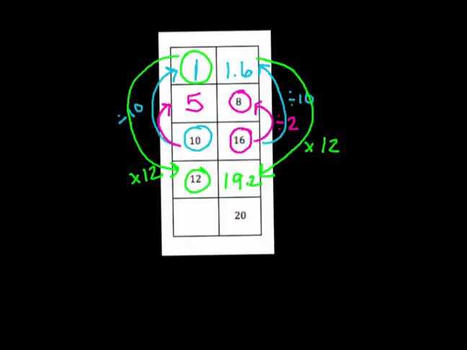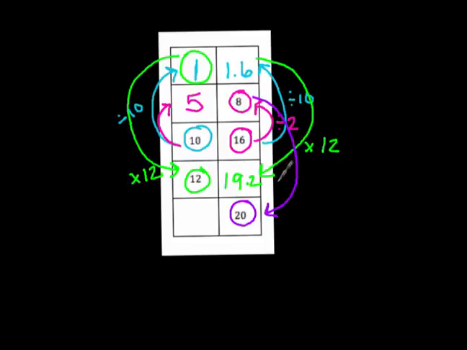And then I just need to figure out one more. I've got a 20 here. None of these numbers go nicely into 20. I'm going to use the 8 because I think it would be the easiest, and figure out, what do I multiply 8 by to get 20? I still can't figure that out just by thinking about it, so I'm going to go backwards and say, 20 divided by 8 is 2.5.